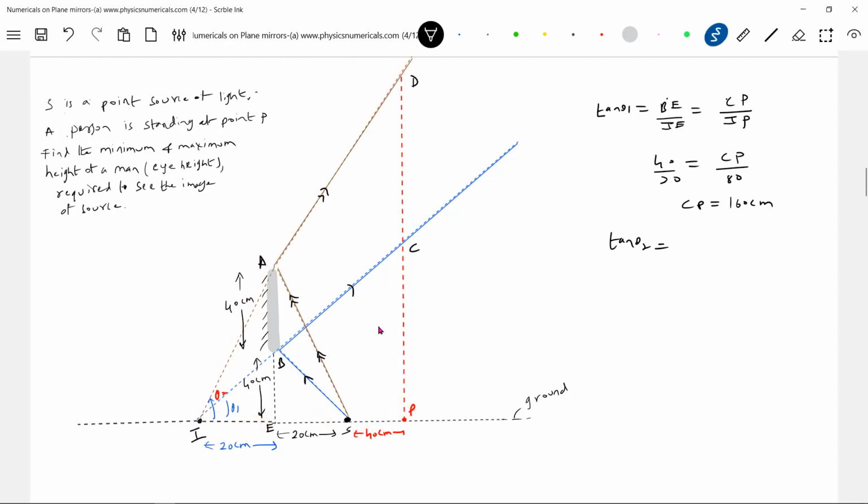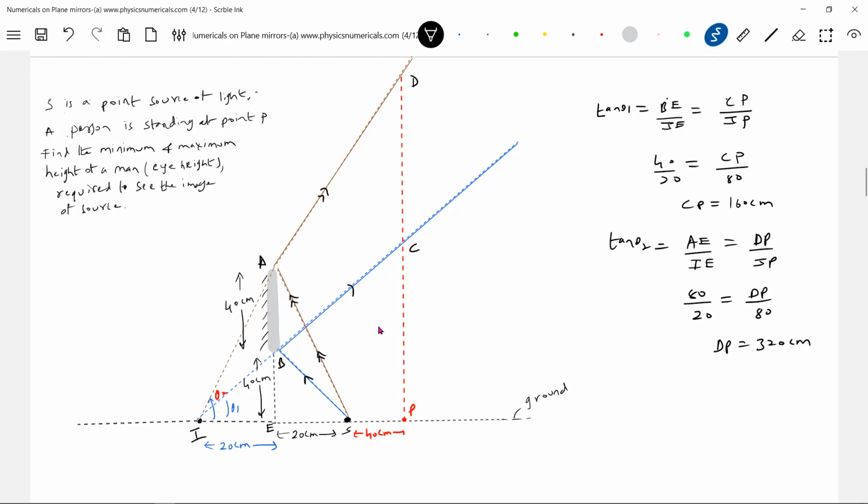So tan theta 2 is equal to AE by IE, which should be equal to DP by IP. What is the distance? AE 80, IE 20, DP. What is the value of IP? It will be 80. 320 centimeter.